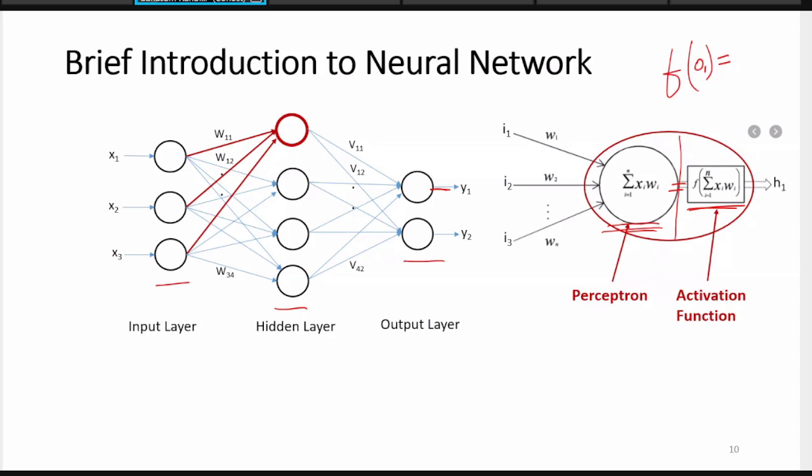So what is the activation function, and what does it try to do? The perceptron values might be any real numbers, any negative or positive values, so they are unbounded.